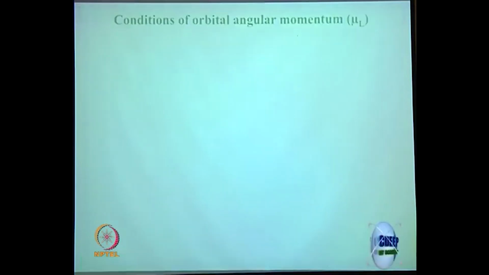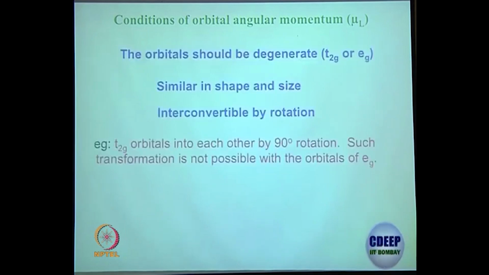So the orbital angular momentum, that mu L part, comes in when you have degenerate orbitals. If the d orbital was not split, then this component would have been high. If the 5 d orbitals were degenerate, then interconversion would have been much easier.